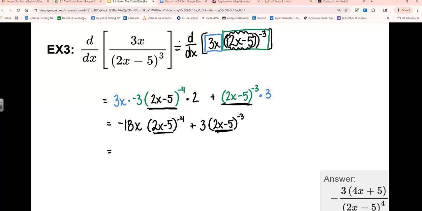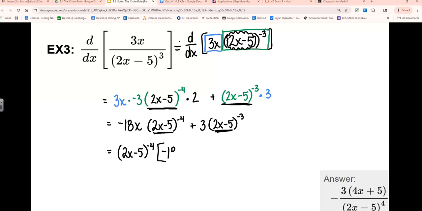So what could we factor out? 2x minus 5 to what power? Negative 4. Take your lowest one, which is going to be your most negative here. All right, so out of that first term, the 2x minus 5 to the negative 4th is just gone.